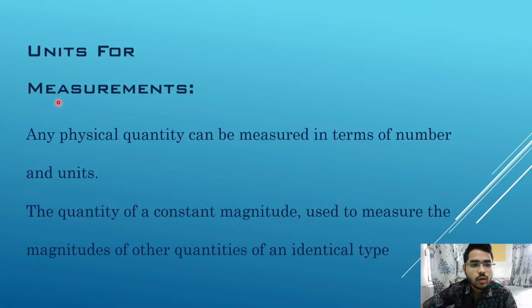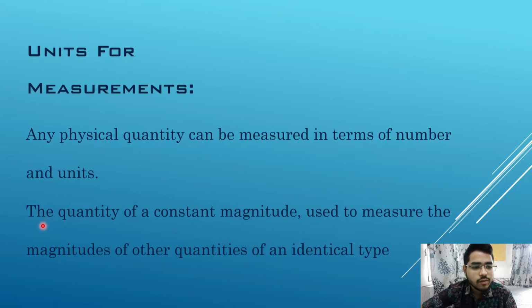So units for measurements. Any physical quantity can be measured in terms of number and units. For example, we can say 1 meter, 1 centimeter, 2 centimeter, 3 centimeter. There is a use of number as well as unit. That is, meter is a unit, centimeter is a unit, and the number 1, 2, 3, 4, n.